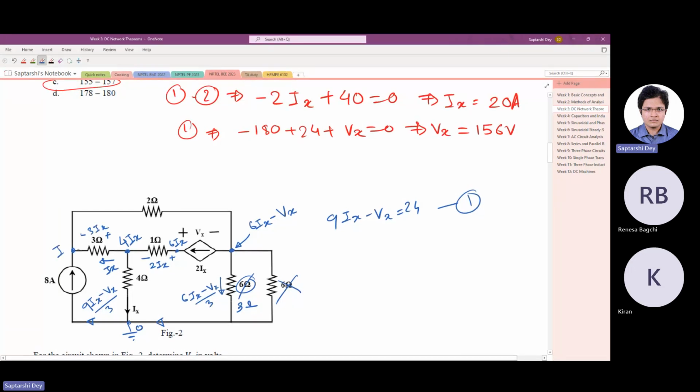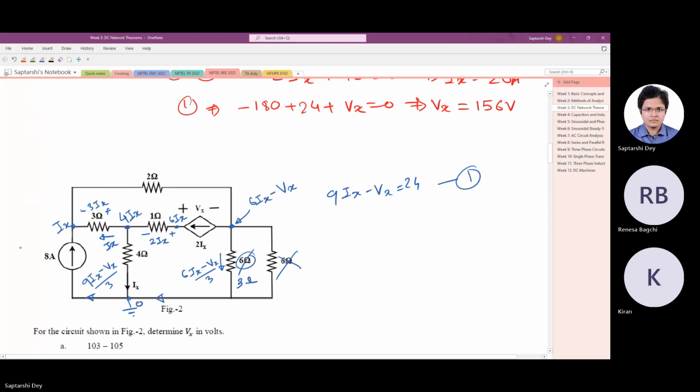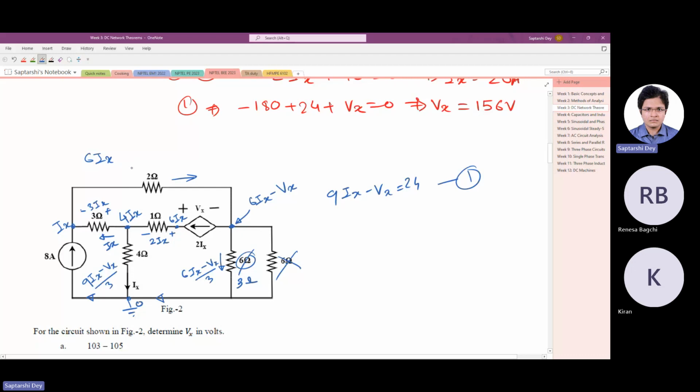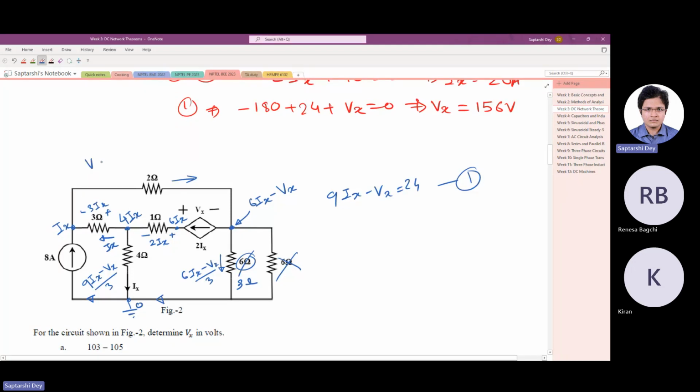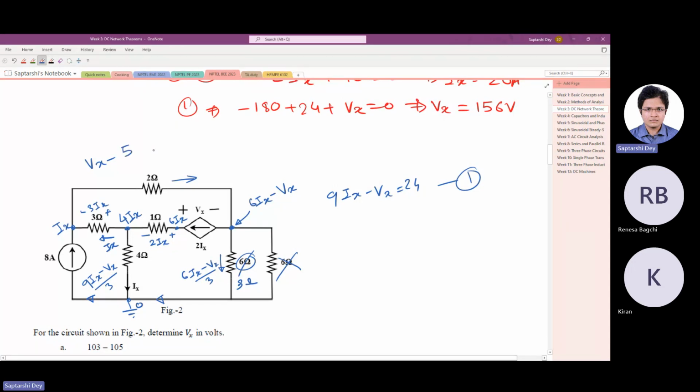So this voltage is again Ix, right? Ix was flowing in this branch. If this voltage is Ix and this is 6Ix minus Vx, the current through this is 6Ix minus Vx, or the other way around, maybe if I draw in that fashion, then Vx minus 5Ix by 2. This much current is flowing in this direction.